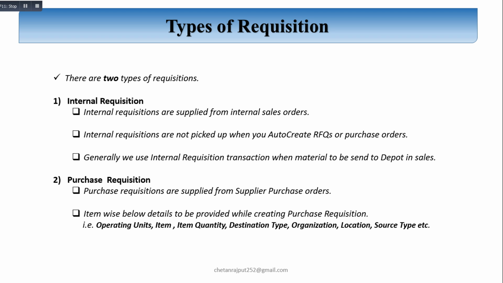So what happens? We move the product from the Surat depot to the Ahmedabad depot. For that, we create an internal sales order. For the internal sales order, we are required to create an internal requisition. By using that internal requisition, we create the internal sales order.